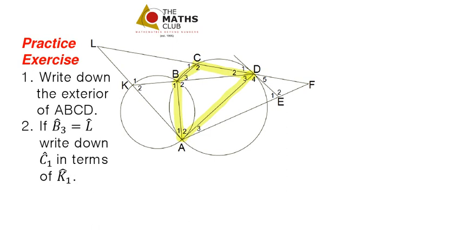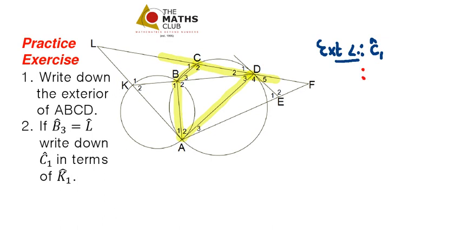So if you look carefully, you will see that there is an extension this way and there is another extension that way. So for me, the exterior angle will be angle C1. So angle C1 will be my first exterior angle, and also I see another angle which is an exterior angle here.